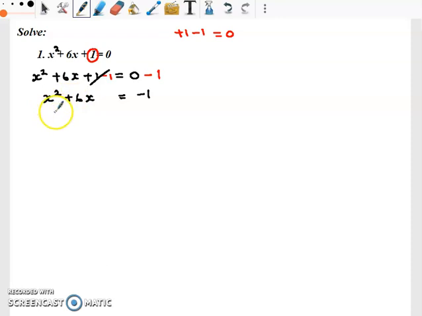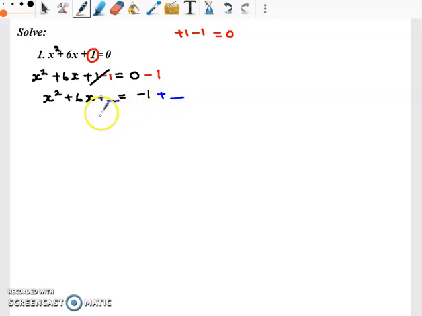Okay, so we're now at the next step. Based on what I taught you in the first video on how to complete the square, you're going to find a number that you add to the left hand side, and you also add that same number to the right hand side.